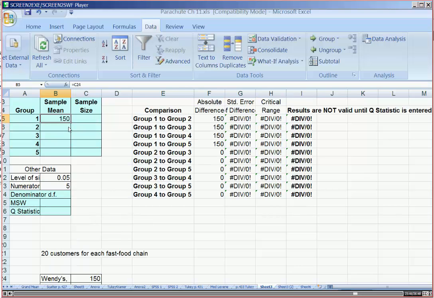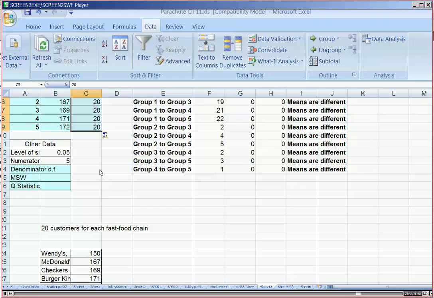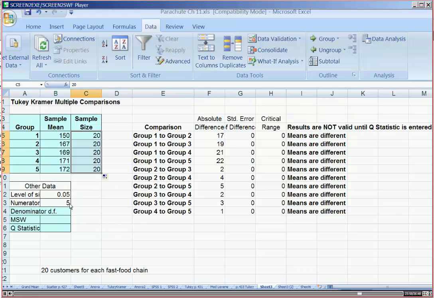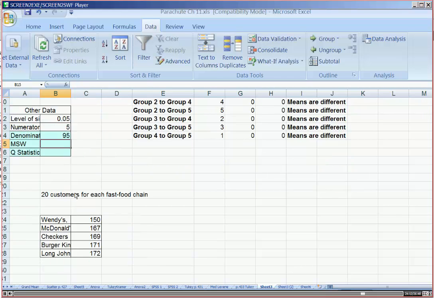Okay. We're going to get our means. And we remember the sample size was 20 for each restaurant. Denominator degrees of freedom. The numerator obviously was 5 by default because that was the tab, Tukey-Kramer for 5. Denominator degrees of freedom, as we remember, was 95.